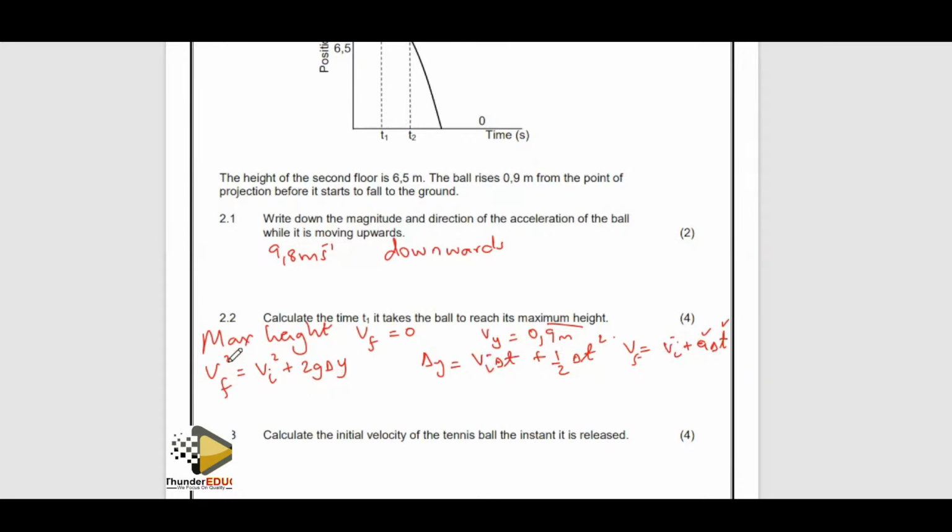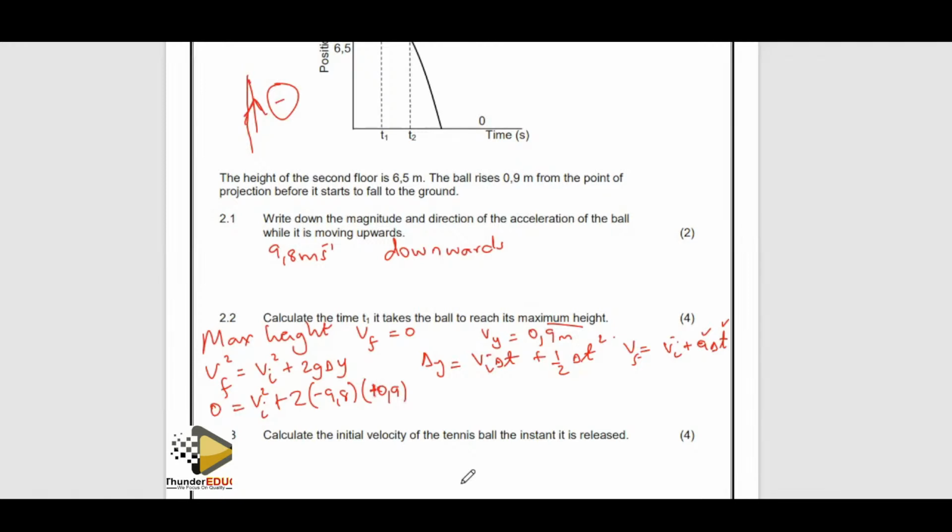Okay, so my Vf is 0, my Vi squared plus 2. Now the g is going to be negative 9.8 because the object is being projected upwards. For an upward projection, I normally take g to be negative. Then times the distance that the object traveled, which is the 0.9. When I multiply that, I'm just going to use this to be positive since I've already considered the g to be negative.